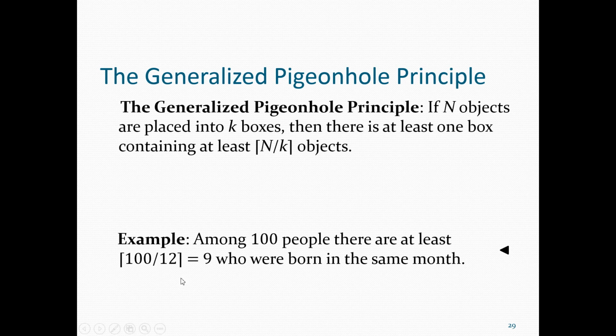The first 12 people can be from different months, then the second 12 again from different months, and so on. So there is a possibility of 9 persons who were born in the same month.